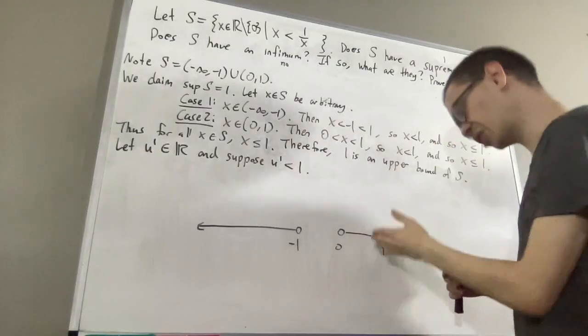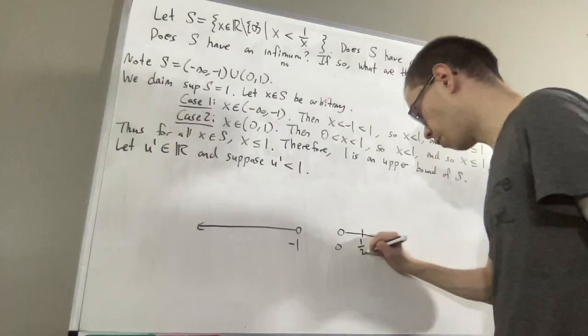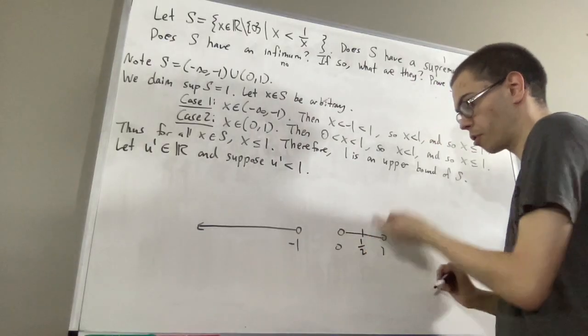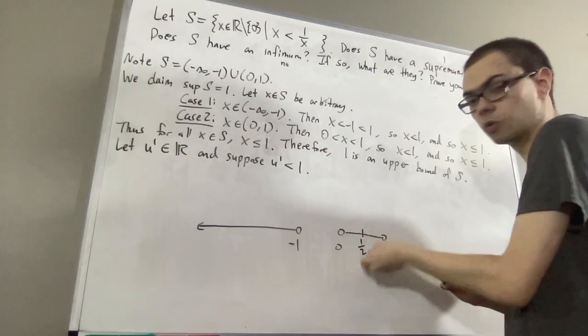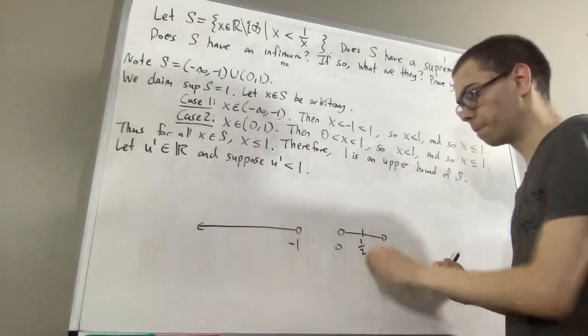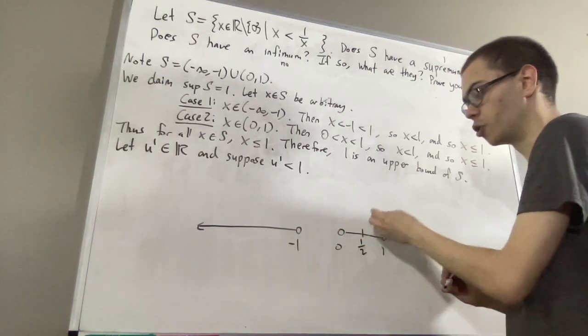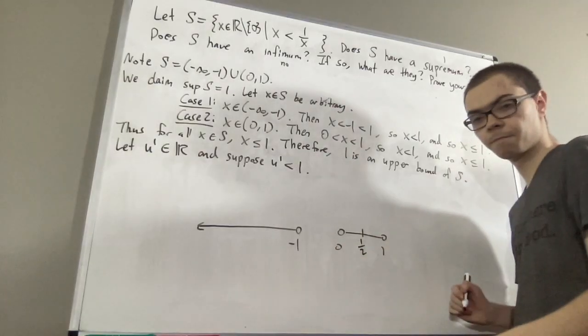Exactly, we're going to do it slightly differently, but it's the same idea. If we consider 1/2, either u prime is less than 1/2 or u prime is greater than or equal to 1/2. If u prime is less than 1/2, then u prime is strictly less than some element of S, namely 1/2.